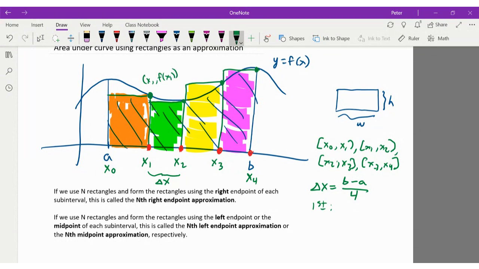So it's the height of the first rectangle, which is f of x1, times its width, which is delta x. And the second rectangle, since this point here is x2, f of x2, the height of that rectangle is going to be f of x2, and its width is delta x, and so on for the other rectangles.